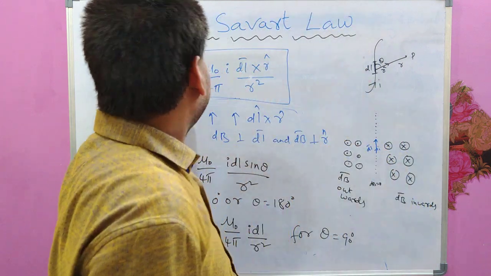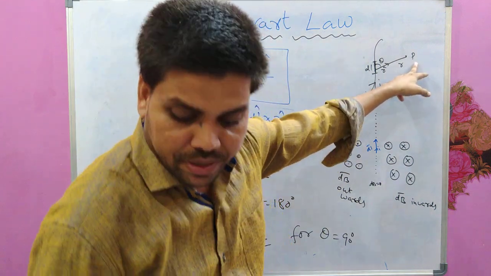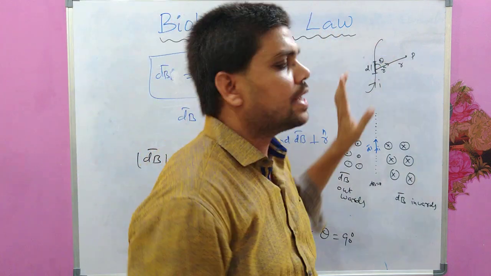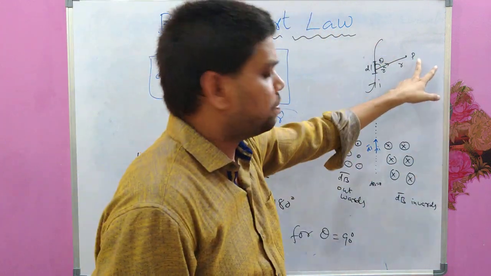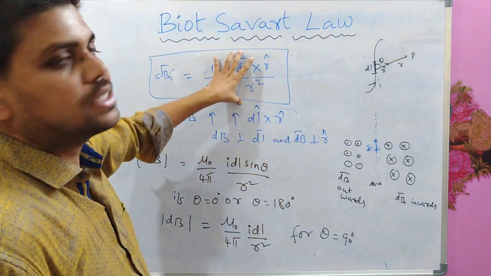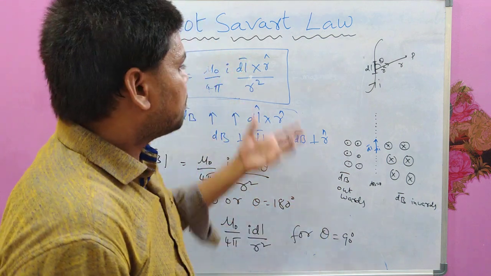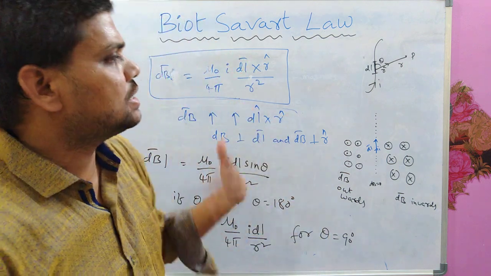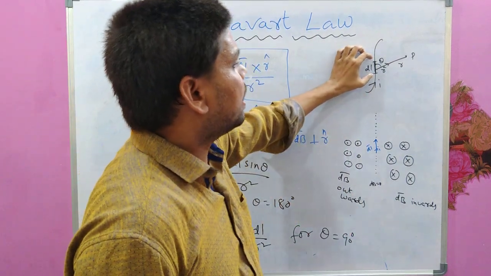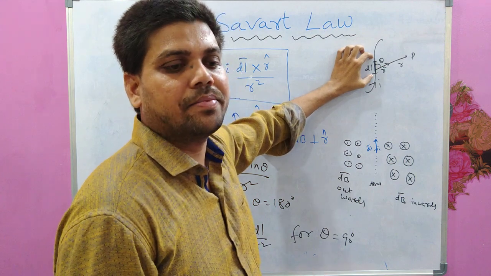If this is the magnetic field produced by small element at this point P, then if I want the magnetic field produced by this entire current carrying conductor at this point P, I just have to integrate this equation, which means that the magnetic field produced is the vector sum of magnetic fields produced by every current element, every dl element, length element.